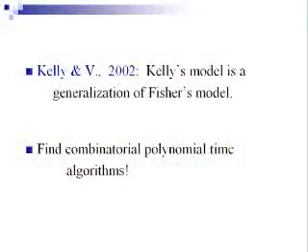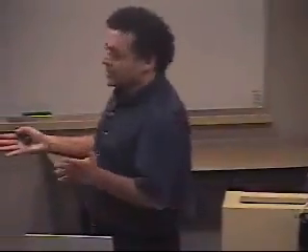So going back to the old story, after the semester at Berkeley, I was at Cambridge in the summer of 2002, and I gave a talk about our equilibrium algorithm, and I ran into Frank Kelly there, and Kelly and I realized that in fact his model, the one that I just stated, is really a generalization of Fisher's linear case.